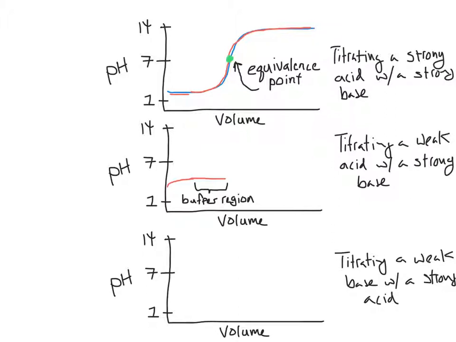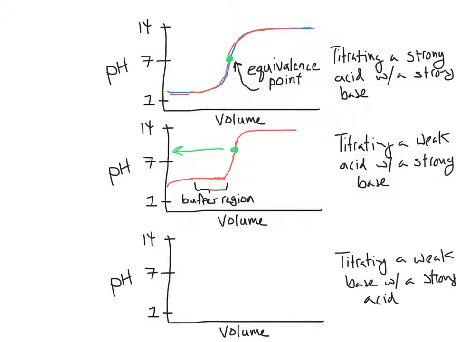The pH then rises here. We reach the equivalence point, and then the pH plateaus out. Notice that because we're titrating a weak acid with a strong base, when we add equal molar amounts of the acid and the base, the pH of the solution is more basic.